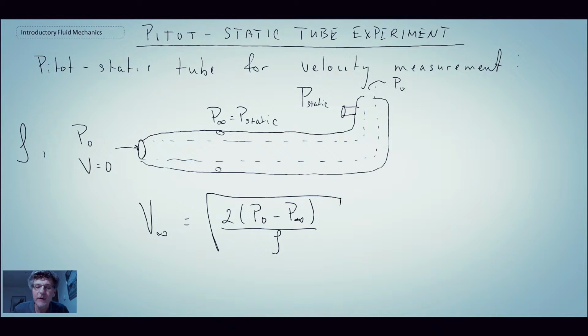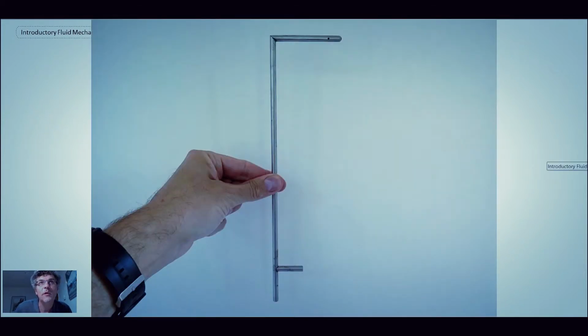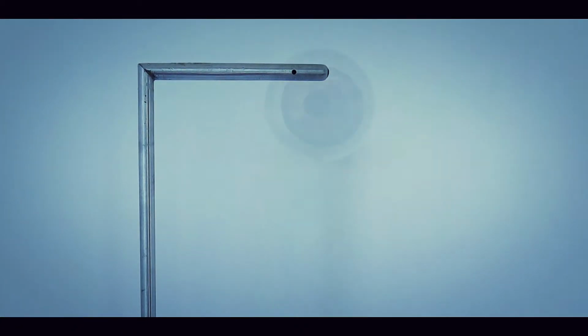So what we're now going to do is take a look at a video clip with a Pitot static tube, and then we're going to make a velocity measurement by measuring the pressure differential using an inclined manometer. So let's take a look at that video clip now. What we have is an image of a Pitot static tube. I'm zooming in on the front of it, and you can see the static port.